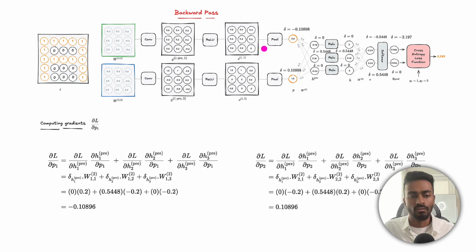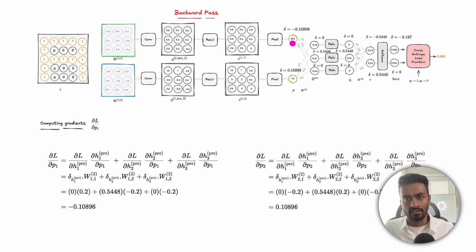Next, we are now going to compute the gradients of each of these values in the P layer, its pooling layer, to this output. So how does changing this neuron affect the loss? Well, it can be in 3 ways this time. It's how changing this neuron affects this neuron times how this neuron affects the loss. That's this first term over here. Then it's how changing this neuron affects the second neuron times how this second neuron affects the loss. That's this term over here.